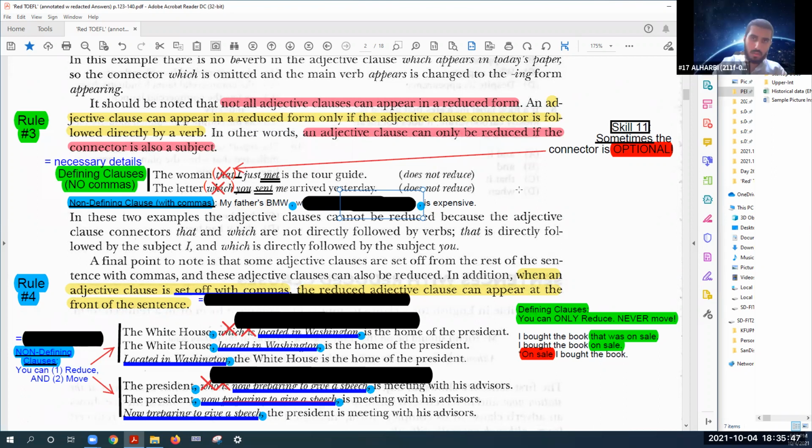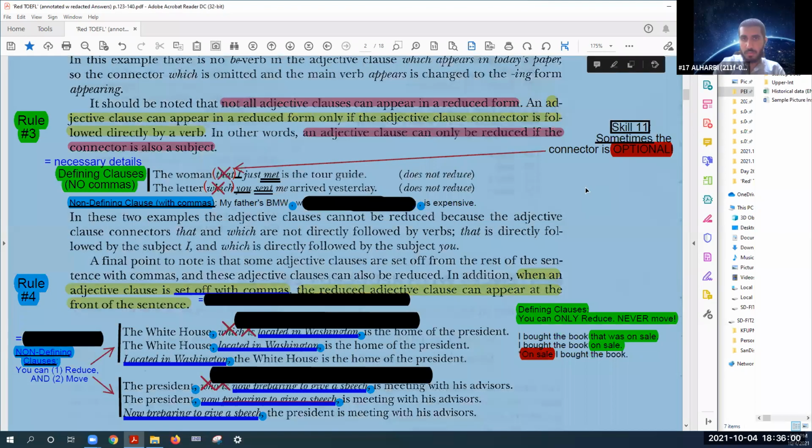Do we know exactly which BMW? Yes, we know. I think he has only one BMW. Read it again, Al-Harbi. My father's BMW is expensive. Do you know whose BMW? Yes, my father's BMW. We know exactly whose BMW.